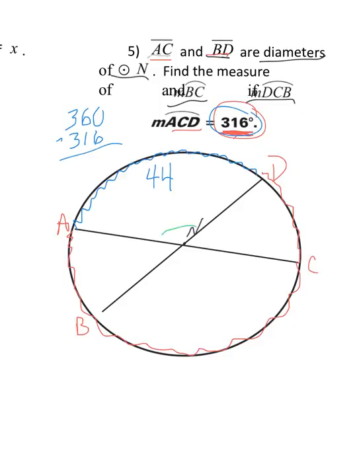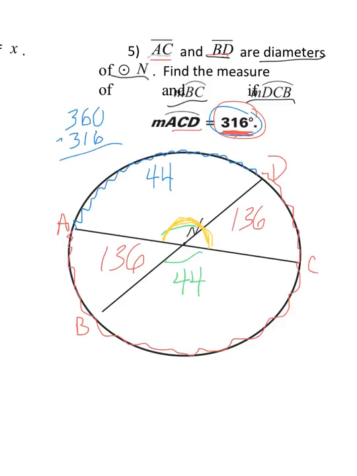I know this arc and this are congruent, so they're both 44. The other piece of information I know is that obviously this is a straight angle, or a semicircle. Therefore, I know this angle to the right of it has to be 136, which means this has to be 136.